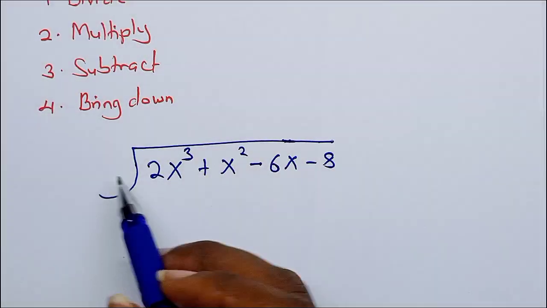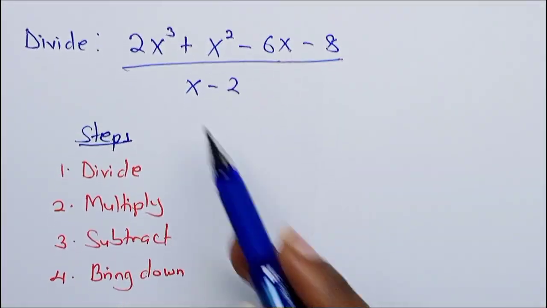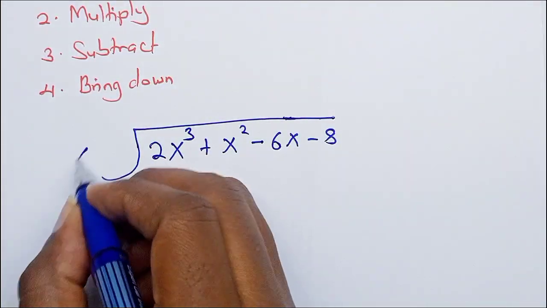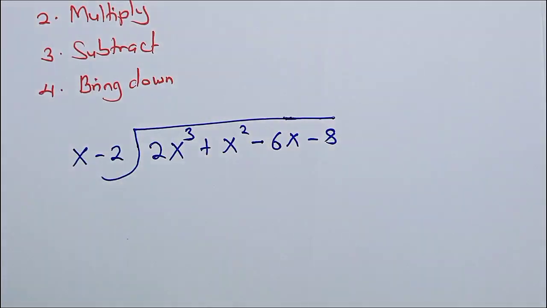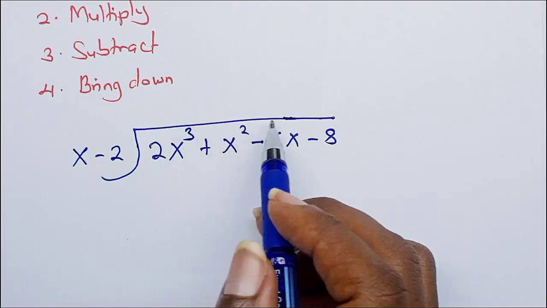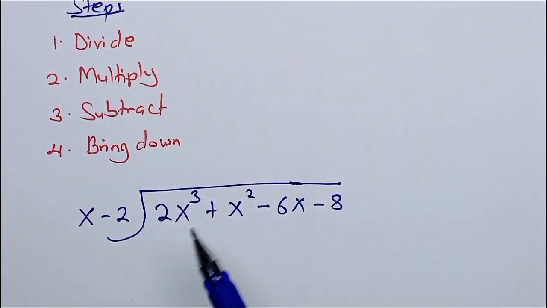Then here is where you put the divisor, what you're dividing by. So x minus 2 goes here. And our answer will go on top. As I've said, these are the steps you're going to follow to carry out this long division.